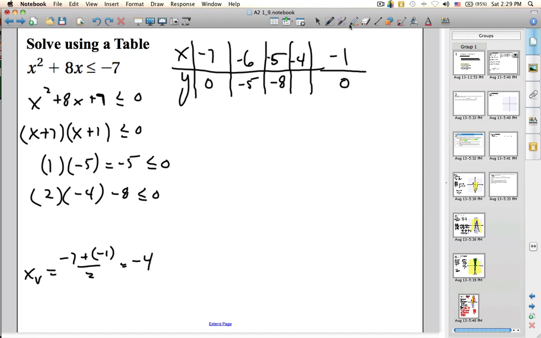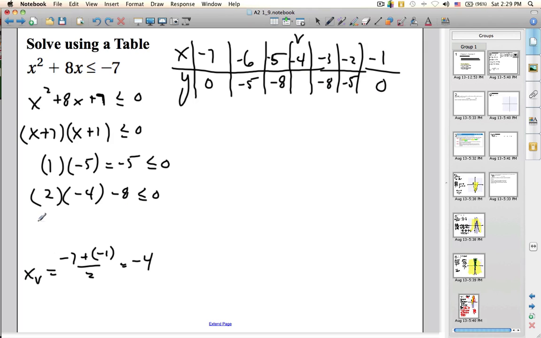Remember, we're symmetrical, right? So once I go past the vertex, I really don't have to do other points. I'm going to go ahead and put in -3, -2, -1. Remember, -1 was 0. Because I know if this is the vertex, this value will be the same as the one that's the same distance from the vertex on the other side, and the same for this. So it saves me a lot of work.